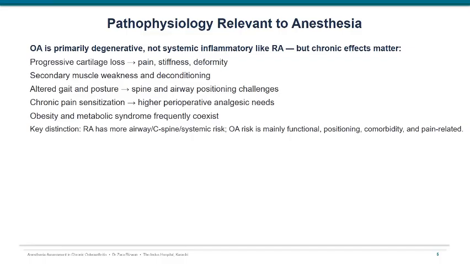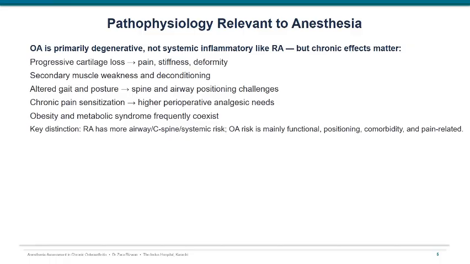So the pathophysiology that is relevant to anesthesia in chronic osteoarthritis patients is that osteoarthritis is primarily a degenerative disease. It's not a systemic inflammatory disease like rheumatoid arthritis, but the chronic effect matters. There is progressive cartilage loss leading to pain, stiffness, deformity. There is secondary muscle weakness and deconditioning around that joint. There is altered gait and posture that leads to spine and airway positioning challenges also.